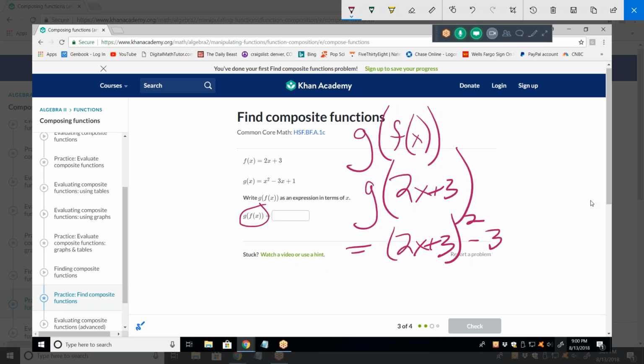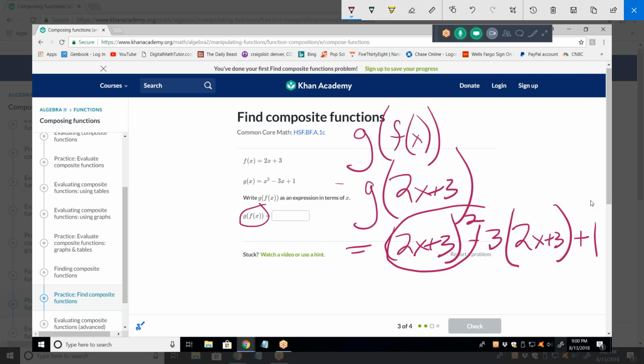The 3 goes in front of the parentheses, and whatever is in the parentheses goes in for x, so that's the 2x plus 3. Plus 1. Now, this is harder to simplify.